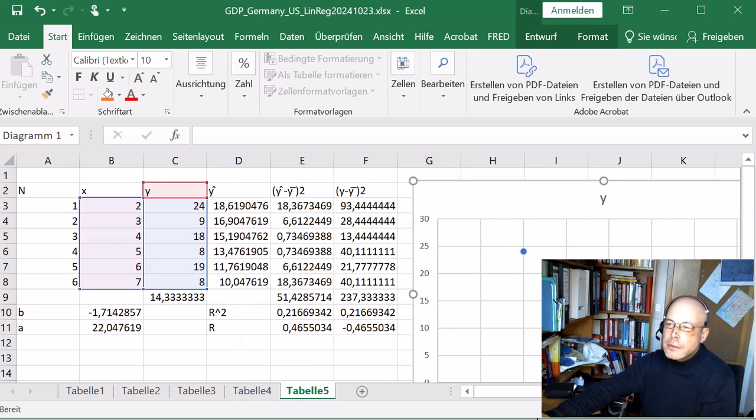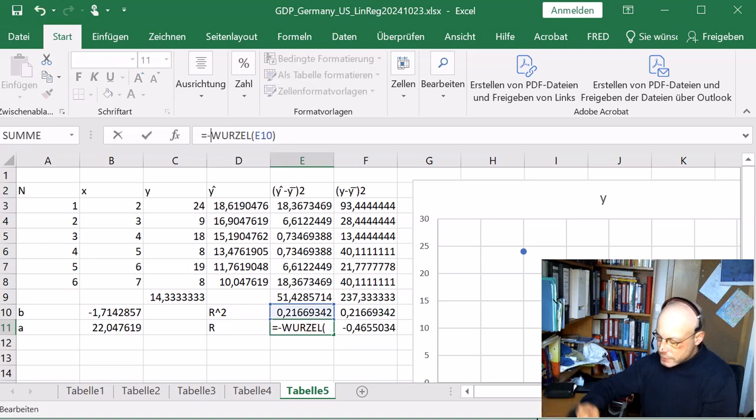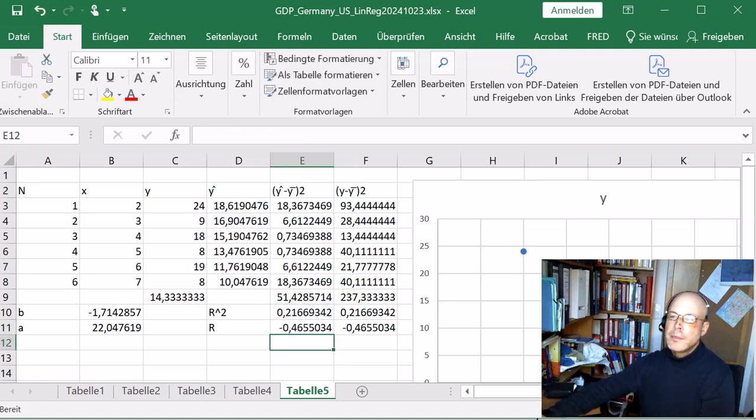And now we have a correlation coefficient here of minus, see this? Minus 0.46. And if you're taking just the square root, then of course now we have to insert a minus sign in order to be right.